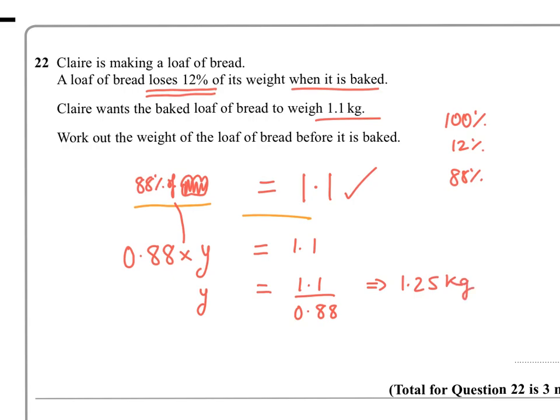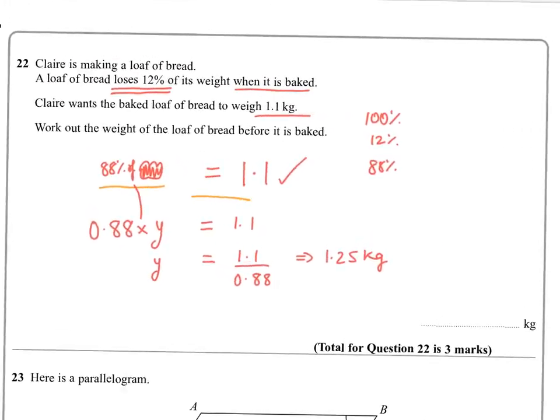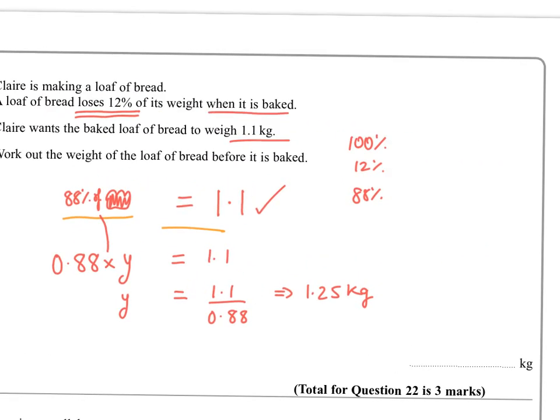Now I just want to give a quick example of how to form the left-hand side with these types of question. So we don't have to talk about the bread now, we can just talk about something in general. If we wanted to have an object, call it y, and we wanted to keep its value the same, we would just keep timesing it by 1. So we'd end up 1 times y is just y, and that 1 is like having 100% of its value intact.